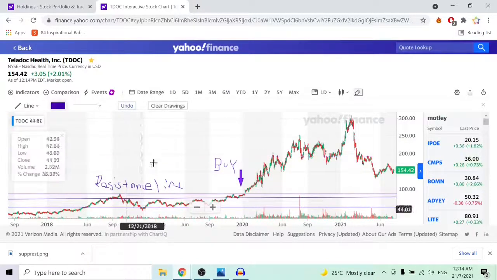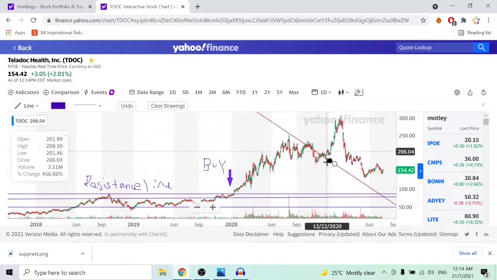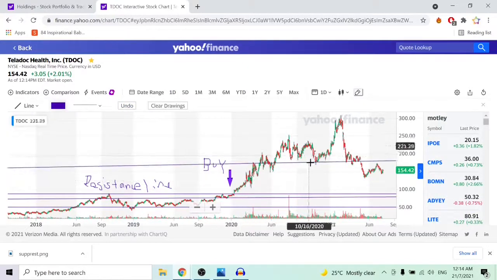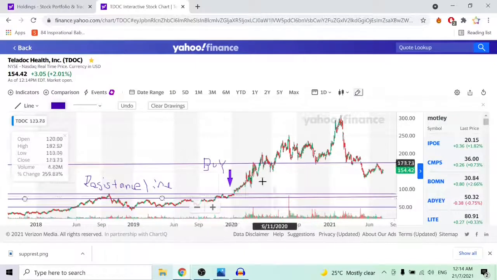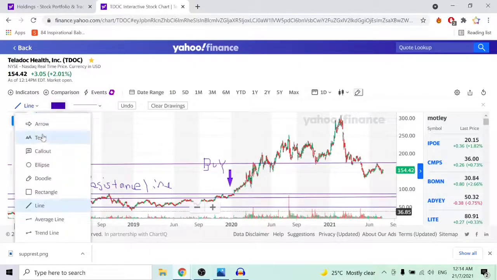I'll undo this. I'll draw a better one here. Yeah, so this would be a good support line as we could draw.